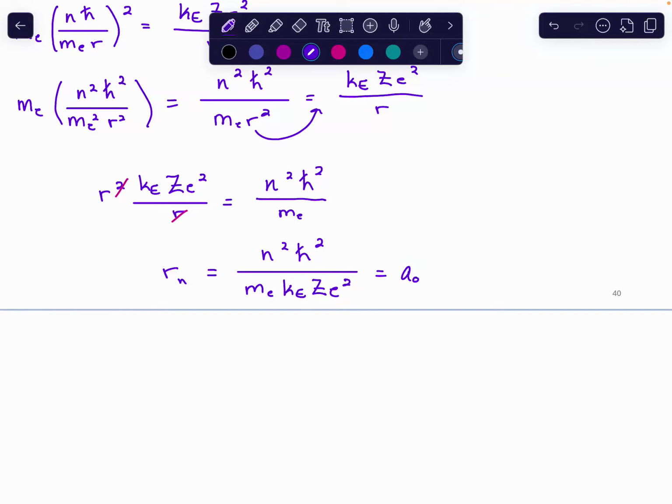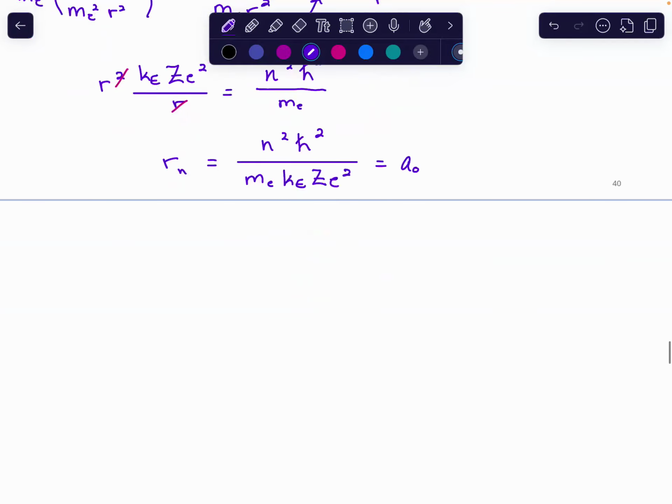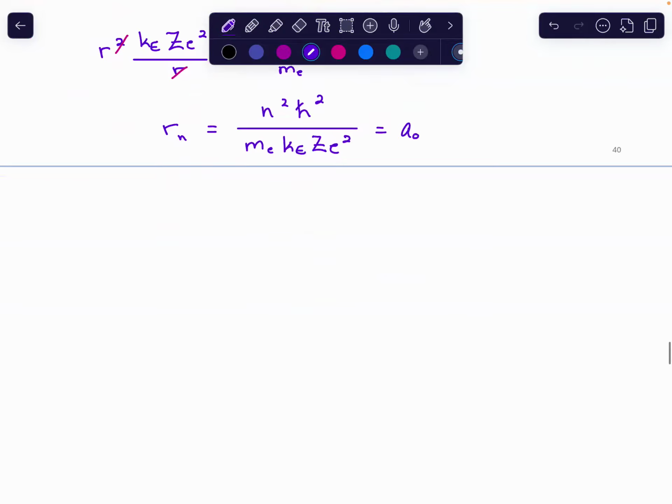Now, what we're going to want to do with this is go back to our total energy equation. E, that's your negative k_e Z e squared over 2, and then there's your Bohr radius in the denominator.